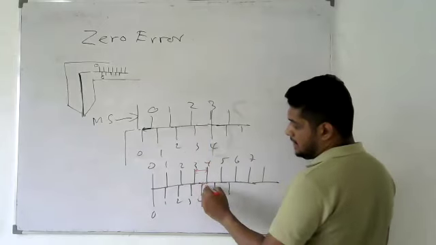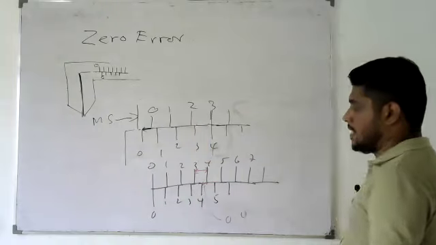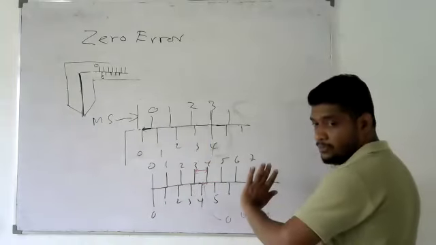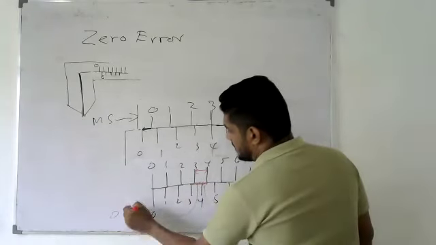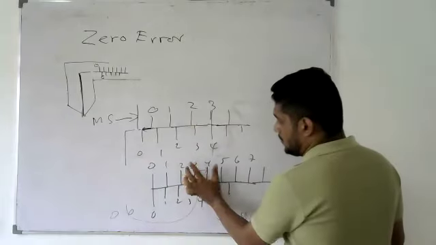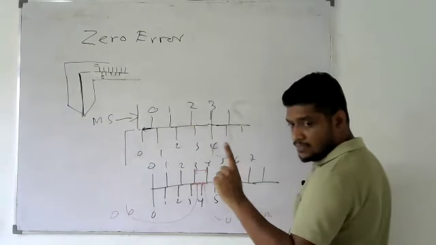Here it is 0.4 millimeters. If it is 0.4 on this side, then on the other side it is 0.6, because the total distance is 1 millimeter.